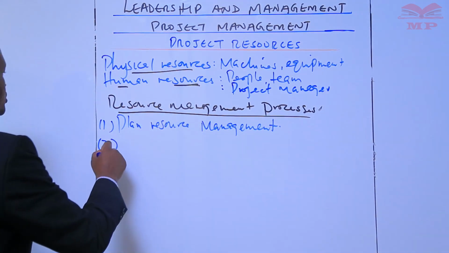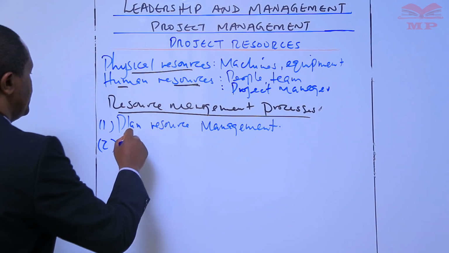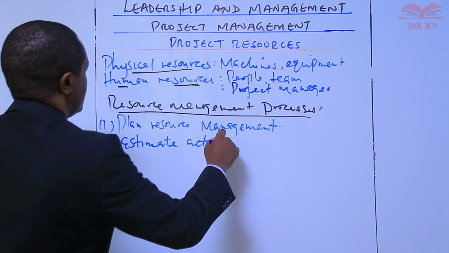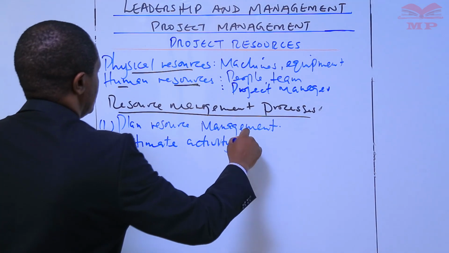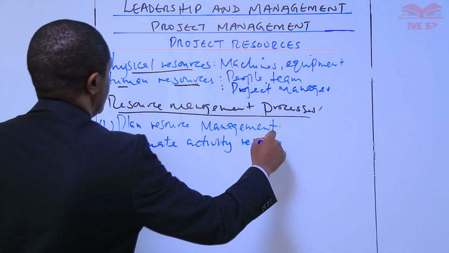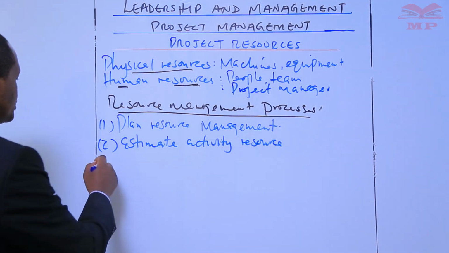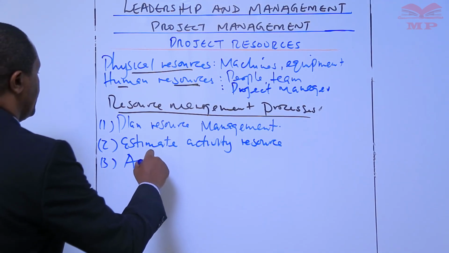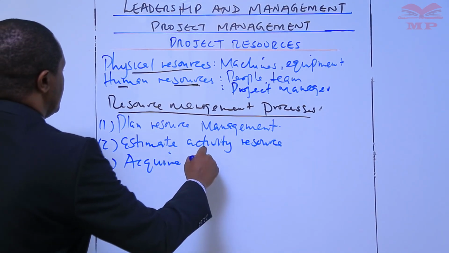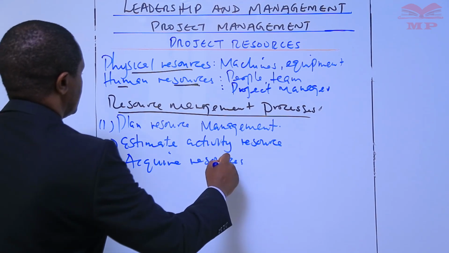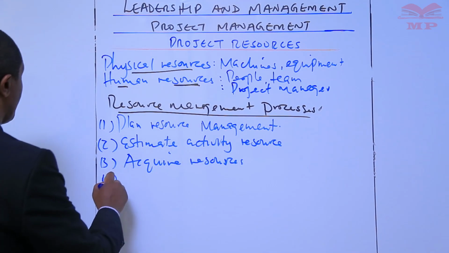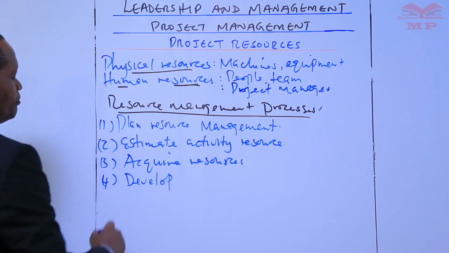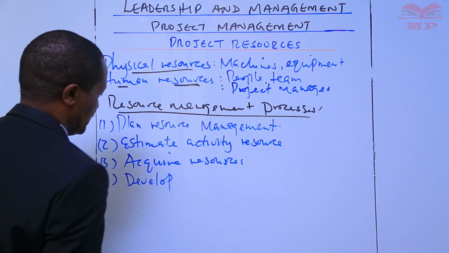2, it includes estimate activity resource, estimating activity resource. Number 3, acquire resources. 4, developing team.